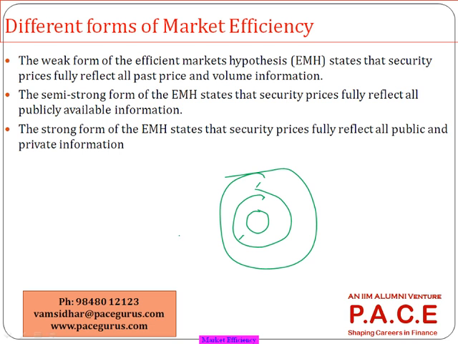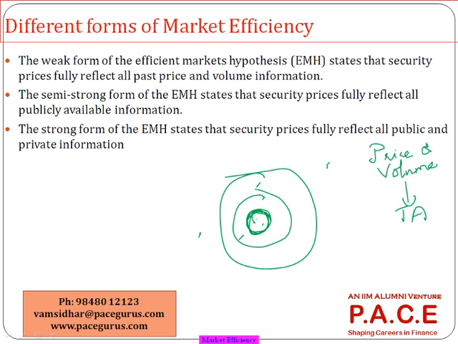What the weakest form says is, all the past price and volume information, historical prices and volumes, they are reflected into the security price already. Which means a person, just by doing past price and volume analysis. What does that mean? Past price and volume analysis, we call it as technical analysis.